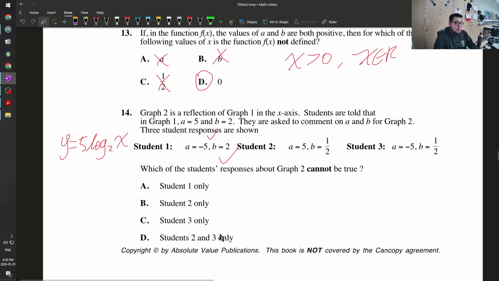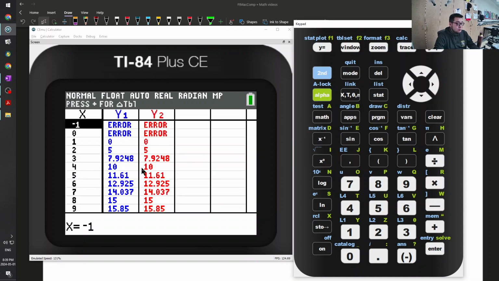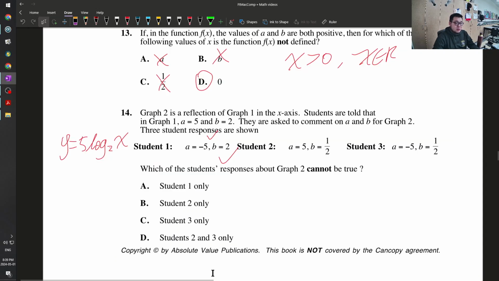So that means student 1 is correct. Student 2, a is equal to 5, b is equal to 1/2. Or I'll just do the c first. Let's take a look at the table. Okay, c is the same as a, it's not flipped, so c cannot be right. In our graph 2, we just go back to graph 1.